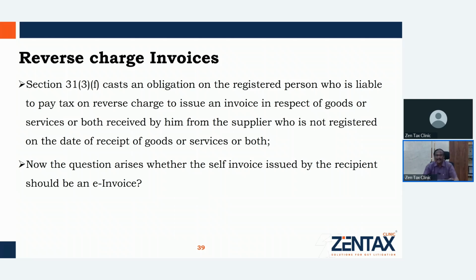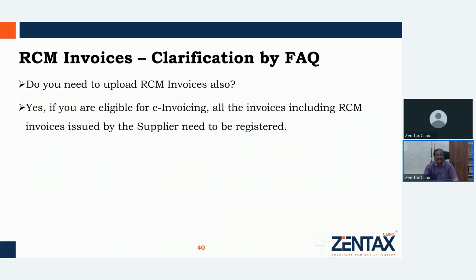Now the question arises, should this self-invoice be an e-invoice? Self-invoice created for the services received from an unregistered person or for the goods received from the unregistered person. Should it be an e-invoice? Here also, this has been clarified in the FAQ.